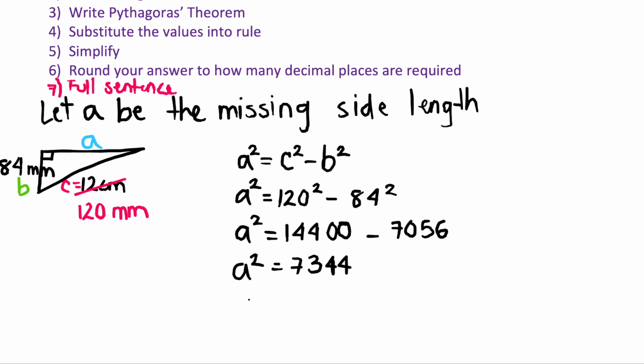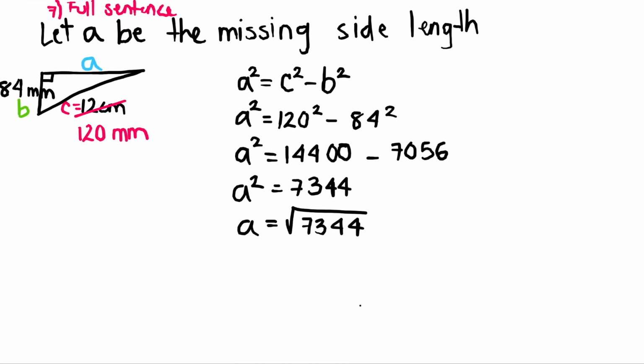And if I square root both sides, A is going to be the square root of 7,344. And if you press this in your CAS calculator, you get that A is equal to 85.697, and it keeps going.